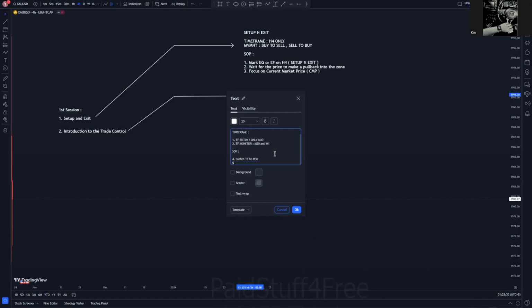And then number 5, what do we need to do? We are going to look for the same EG or EF as our setup.